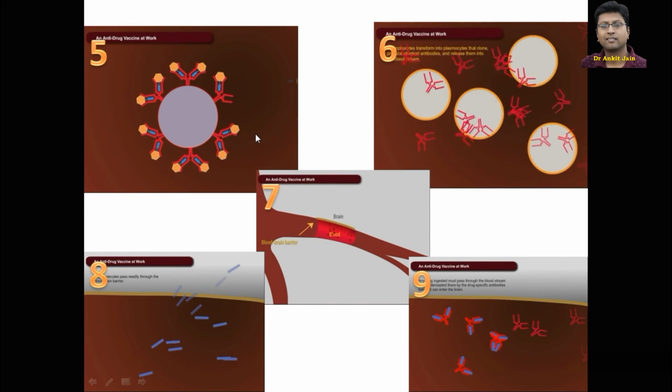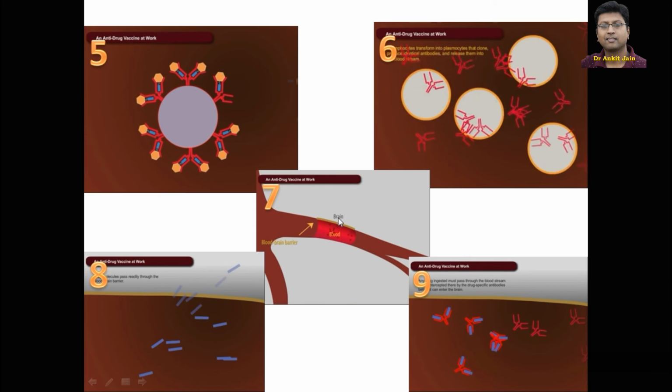So when these antibodies bind to our carrier hapten conjugated drug injected intravenously, further these B cells will be cloned, producing a lot of antibodies in the blood. Further, when the patient takes the drug, it would cross the blood-brain barrier.